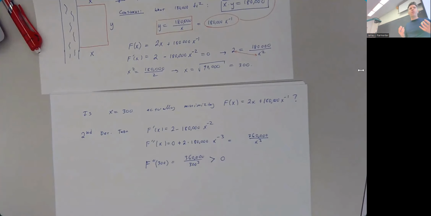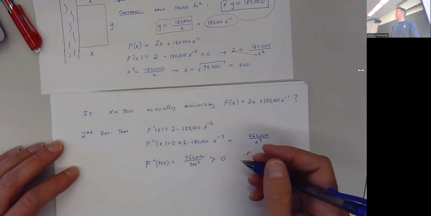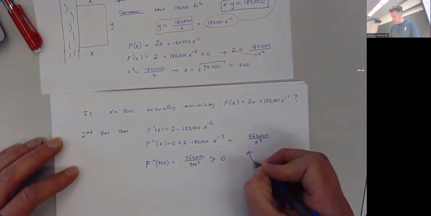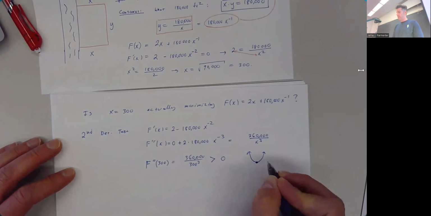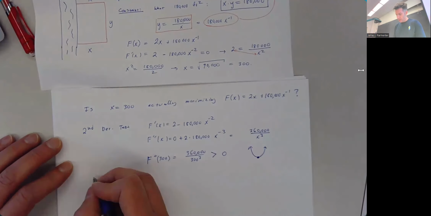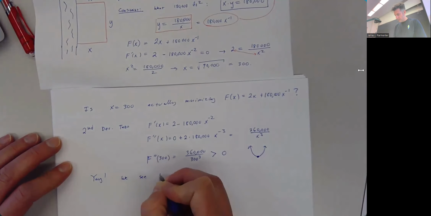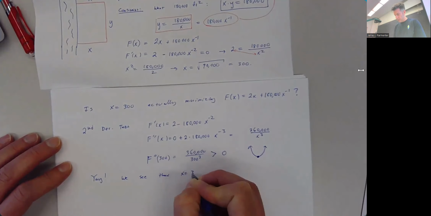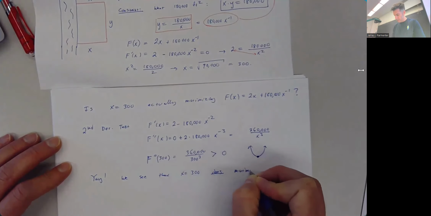Are we concave up or are we concave down? Up. So if your second derivative is positive, your function is concave up, which means, do you have a minimum or a maximum? It's got to be a minimum. So yay, we're happy, right? We see that x equal to 300 does in fact minimize our function.